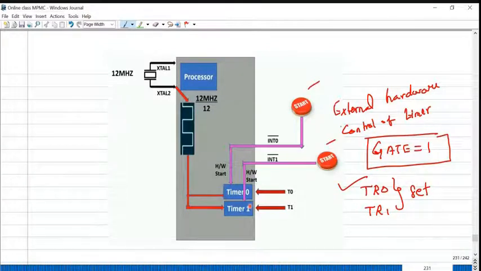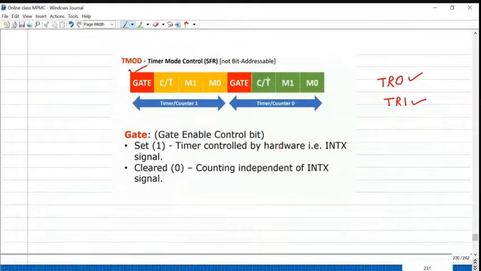But even though we are using hardware control, TR0, TR1 must be set to start the operation of timer 0, timer 1 respectively. That's why we kept one more field with the gate bit. Usually we are not going to use this for this programming, but you should understand. So timer mode control. Are you clear now?